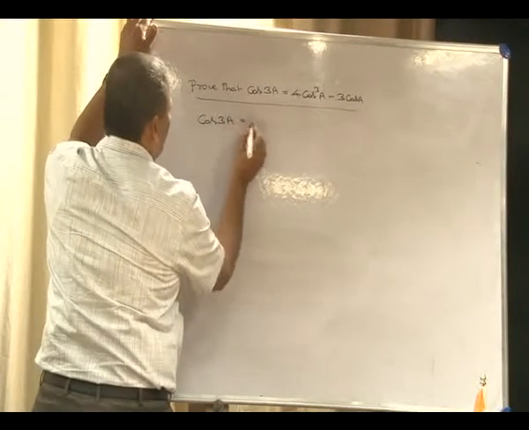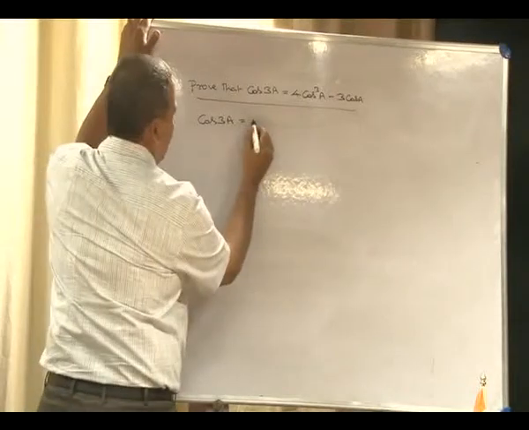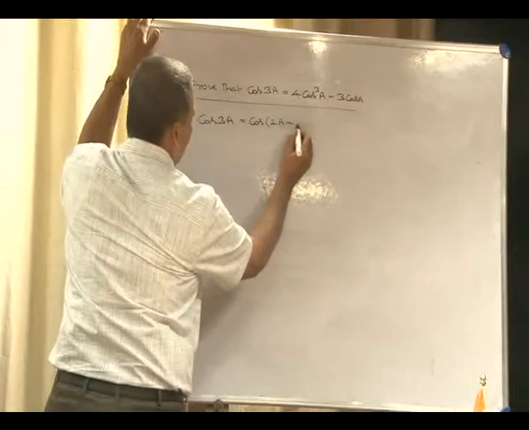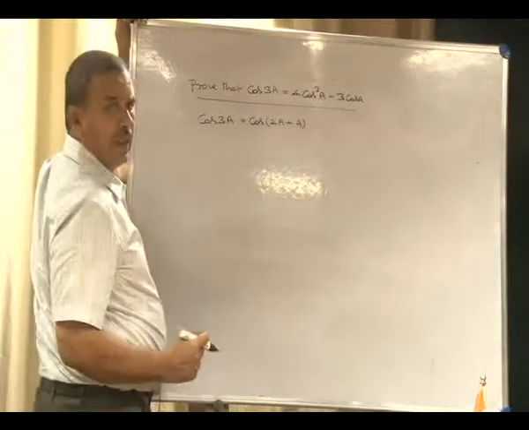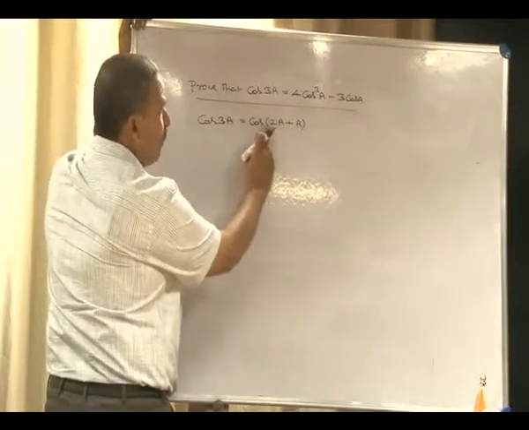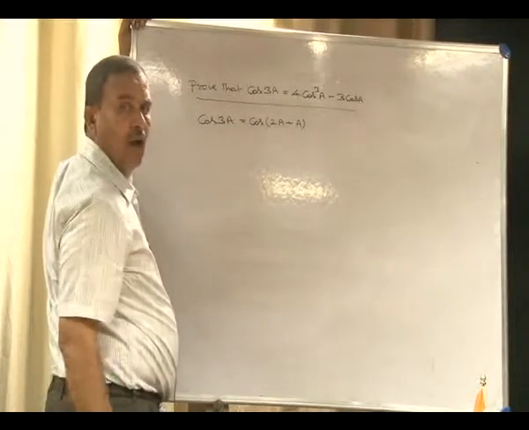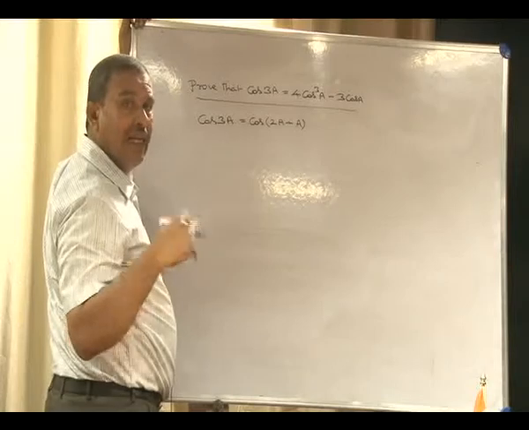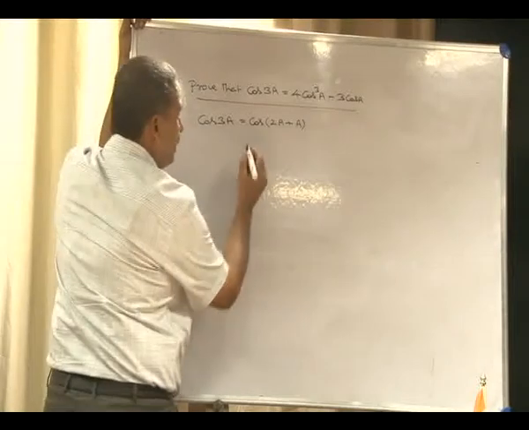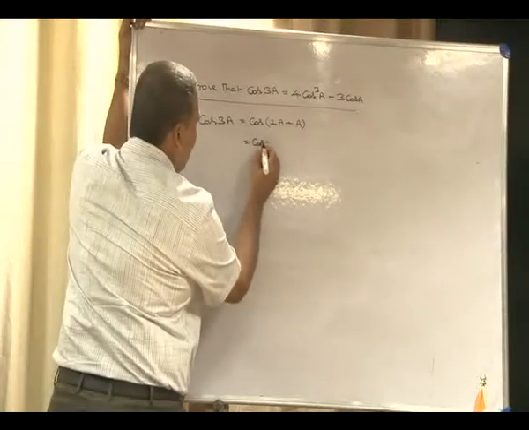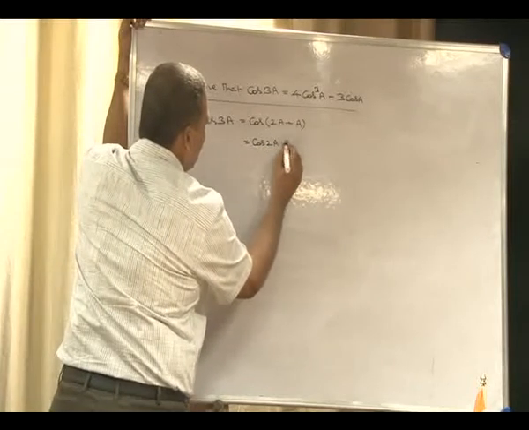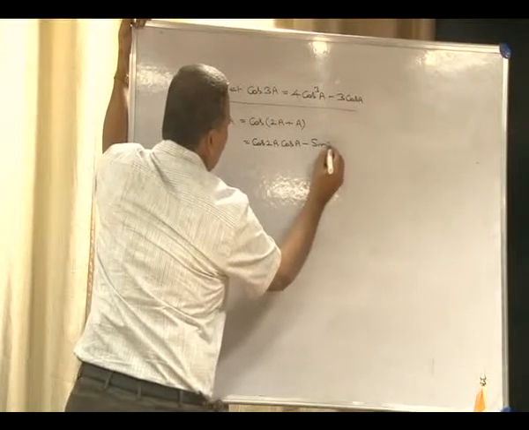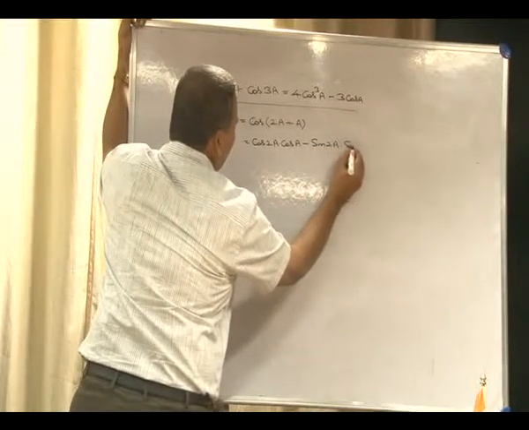We may write 3A as 2A plus A. This is the form of cos of A plus B. Cos of A plus B is cos A cos B minus sin A sin B. That is equal to cos 2A into cos A minus sin 2A into sin A.